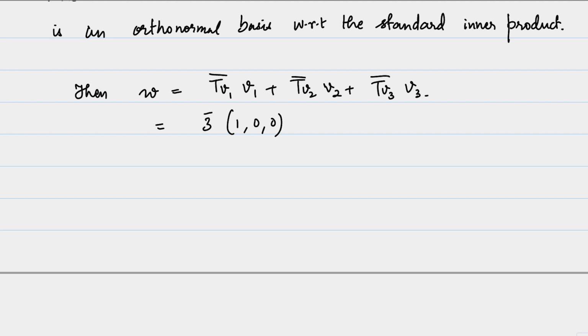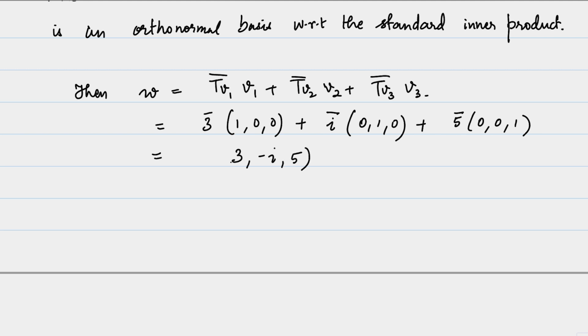And what is T of V2? In the same vein, this is i bar, the conjugate of i, times (0, 1, 0). And how about the third one? That is going to be 5 bar times (0, 0, 1). But notice that 3 and 5 are real numbers, so the conjugate is the same, and the conjugate of i is minus i. So this is just going to be equal to (3, minus i, 5).